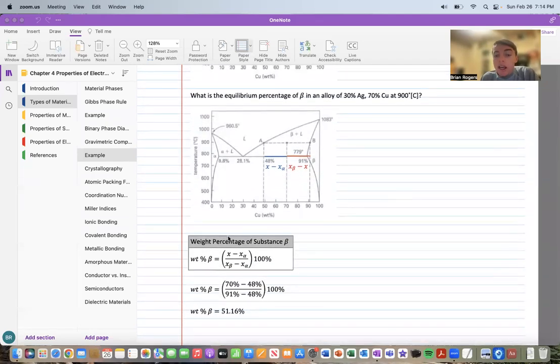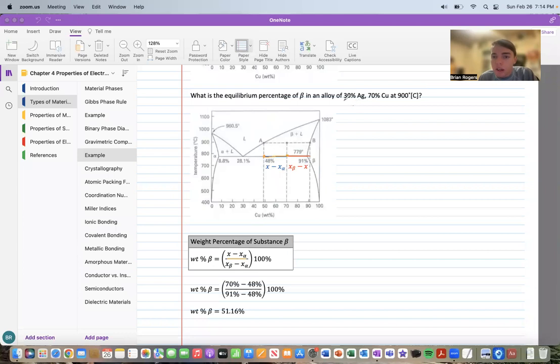Here, in order to determine the weight percentage of substance beta, remember from the equation, we're just applying it here. No need to memorize it. It's x minus x of alpha. So how did I know where to plot x? Well, x refers to the composition of your materials.